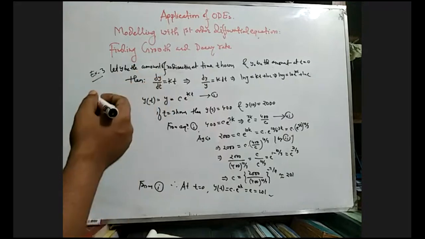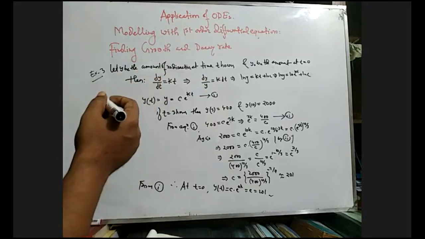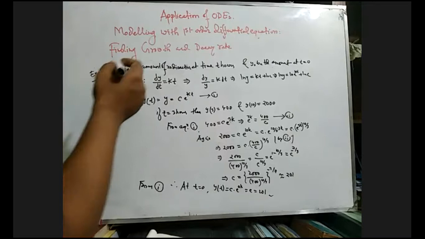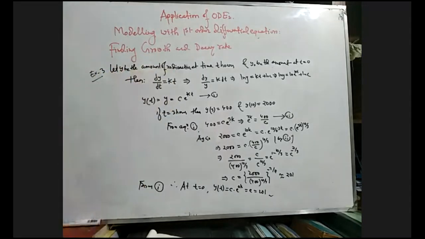So the decay rate can be represented by these differential equations, where y at t equals 0 is the initial amount. t will be the independent variable and y will be the dependent variable, that means the amount.